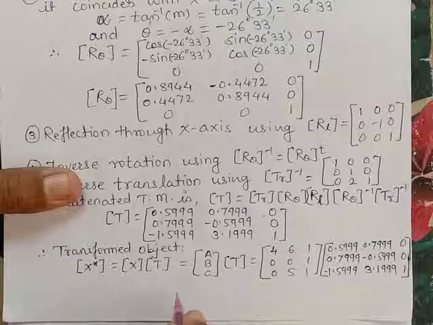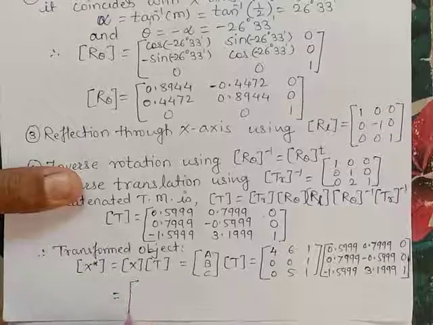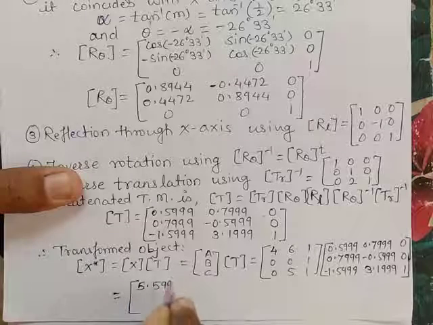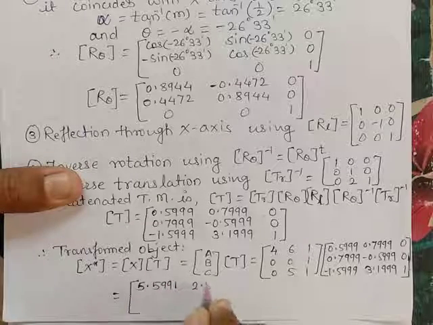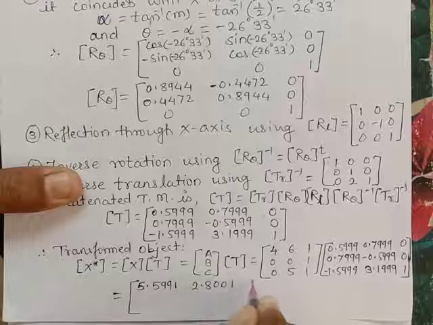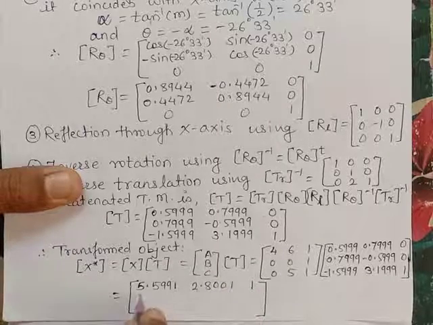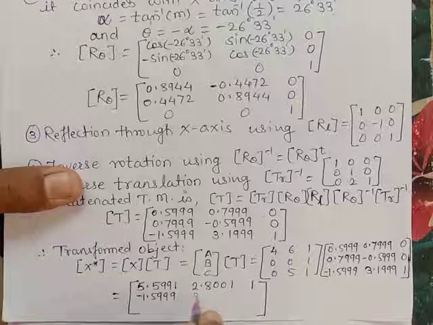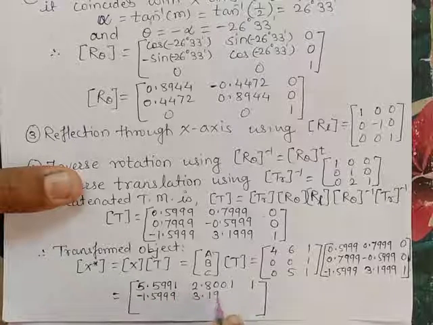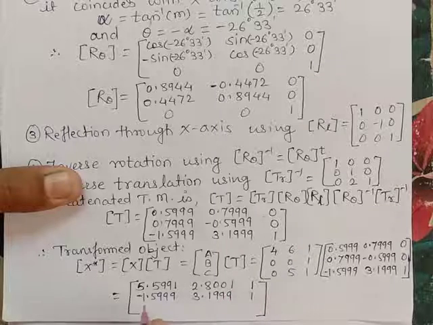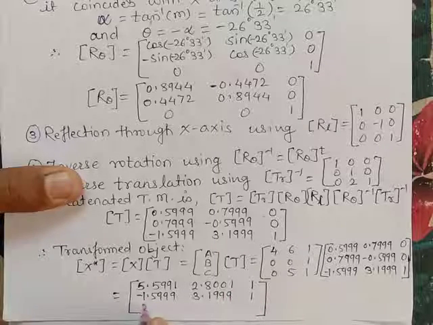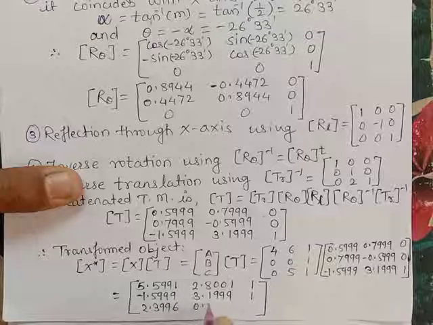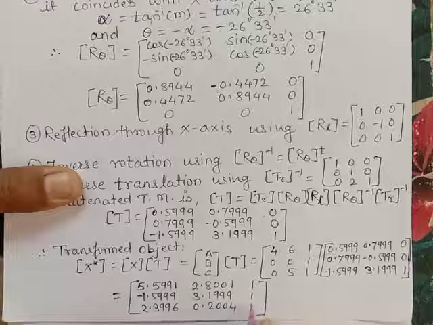Okay, and multiplying them we get 5.5991, 2.8001, 1; then minus 1.5999, 3.1999, 1; 2.3996, 0.2004, 1.